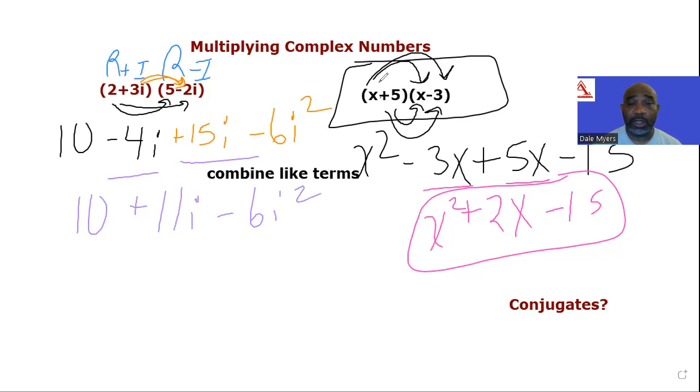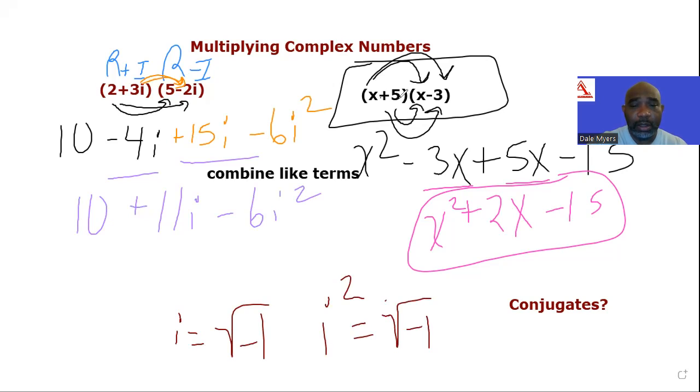All right, it's pretty simple. One last step. Let me remind you, what does i equal? i is the square root of negative 1. So i squared would be the square root of negative 1 squared, which is the square root of negative 1 times the square root of negative 1, which is just negative 1.